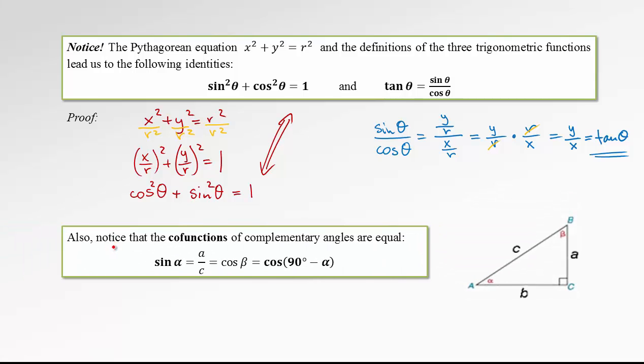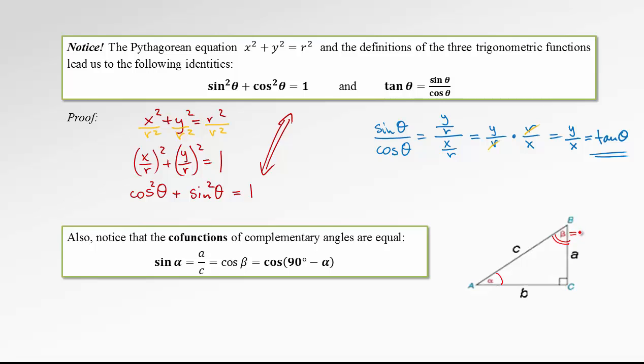Another interesting thing to notice is that the cofunctions of complementary angles are equal. For example, if we have a triangle ABC like this, with the measure of angle A being alpha and measure of angle B being beta, then sine of alpha is opposite over hypotenuse, so it is A over C. Cosine of beta is adjacent over hypotenuse, so it is also A over C. Therefore, sine of alpha is the same as cosine of beta.